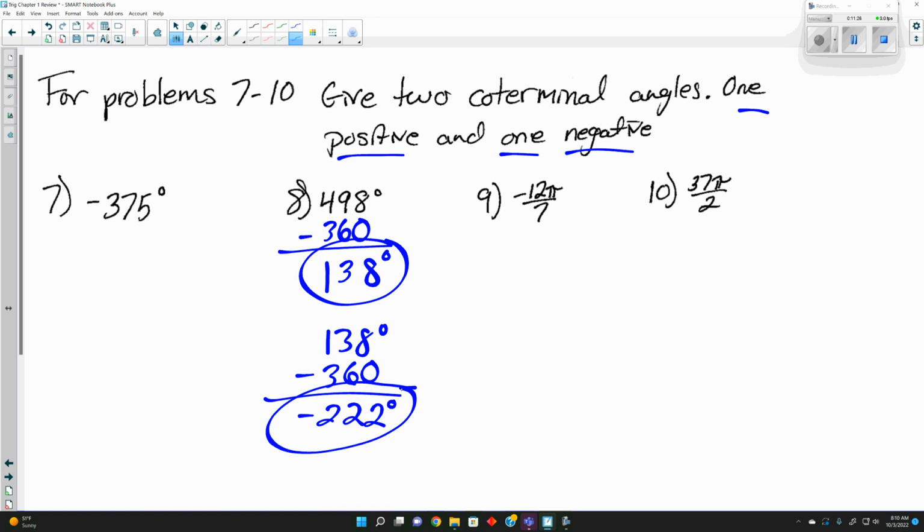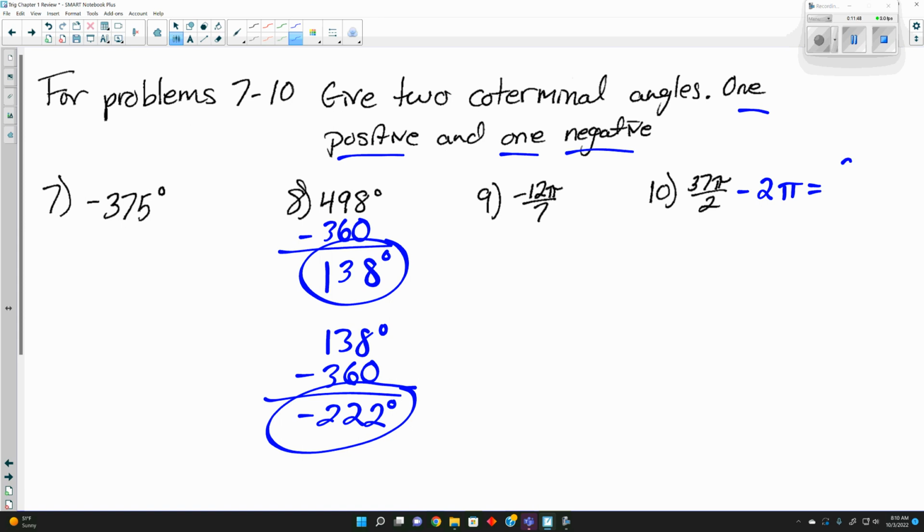And the same thing would work with 37 pi over 2. But instead of adding 360 degrees, we're going to add what? 2 pi. So we can, or not add 2 pi, we'll subtract 2 pi. Because we already have a pretty big angle. 37 pi over 2 minus 2 pi.